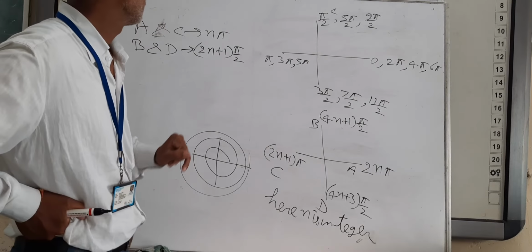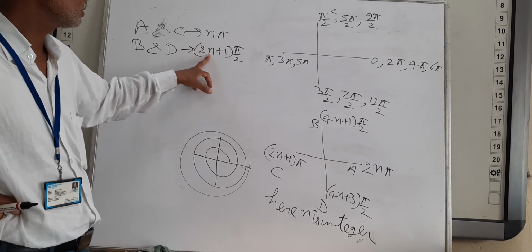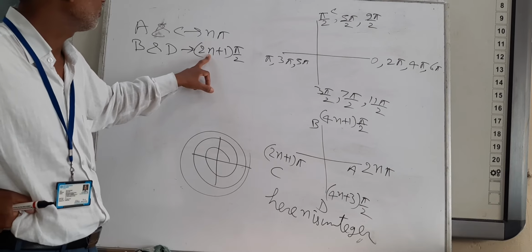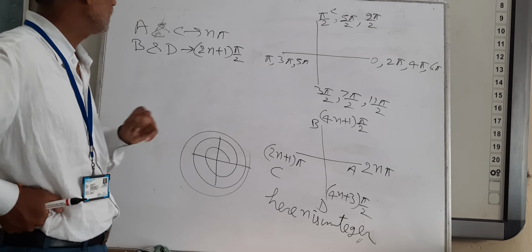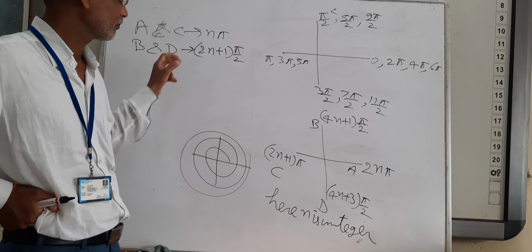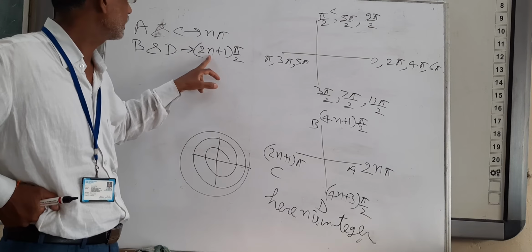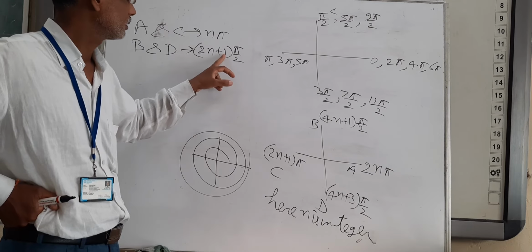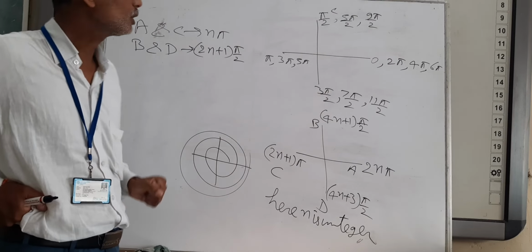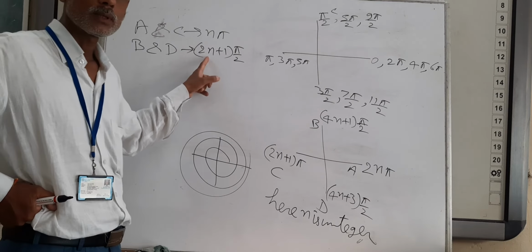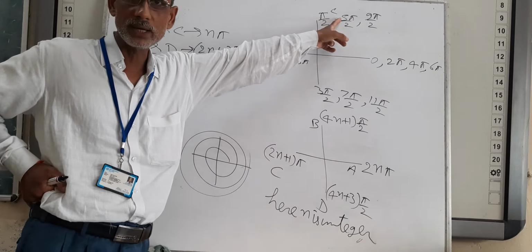But if you put here n is equal to 0, you will get simply pi by 2, this point. And if you put n is equal to 1, you will get 2 times 1 is 2 plus 1, 3 pi by 2, this point. If you put n is equal to 2, you will get 2 times 2 is 4 plus 1, 5 pi by 2, this point.